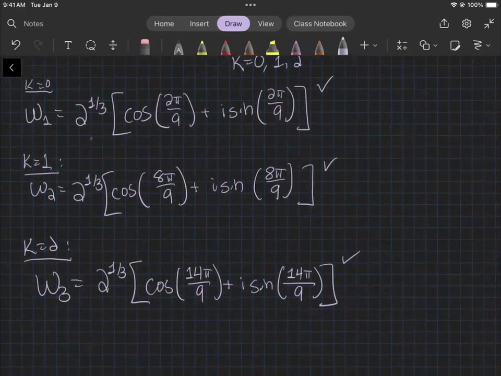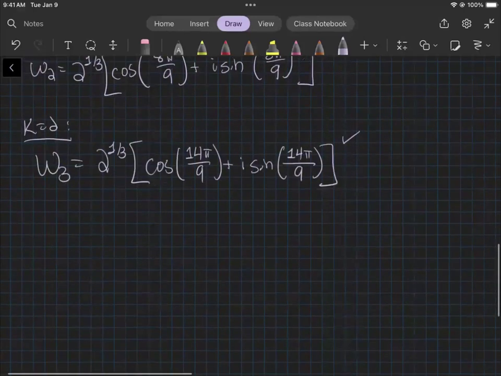Then I'll go over the topology of the complex plane. That'll come up soon.